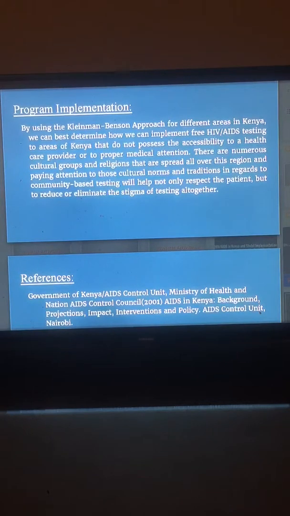We can also learn a lot of valuable data. How do we respect the patient? How do we reduce the stigma of testing altogether?